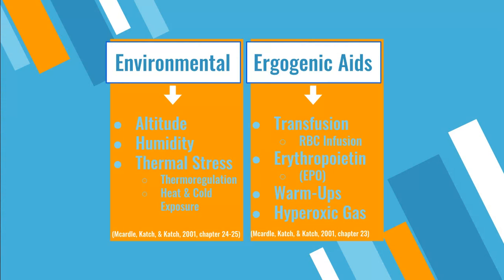The aim of this presentation is to explore the relationship between these factors, both environmental and ergogenic, and the resulting positive or negative effects that they have on physiologic functions both during exercise and while at rest. I will also discuss the similarities between the effects had on exercise and those while at rest.